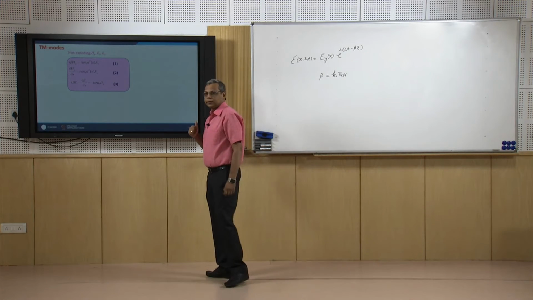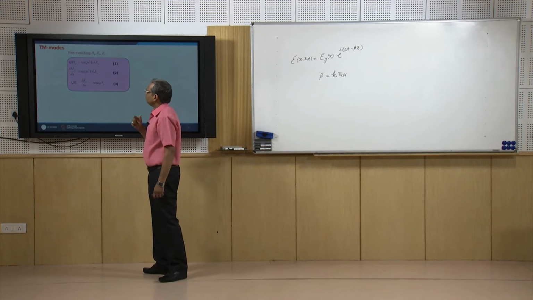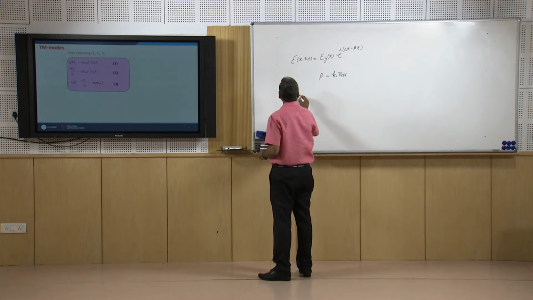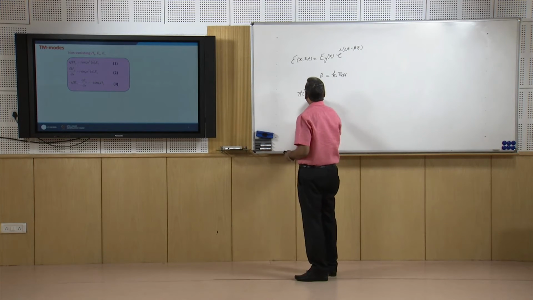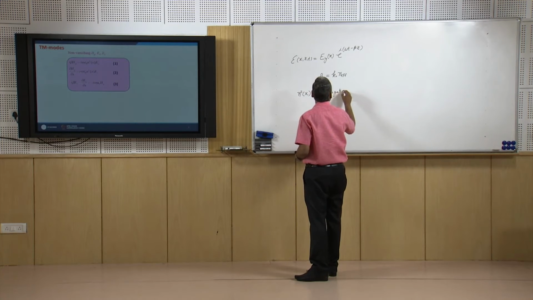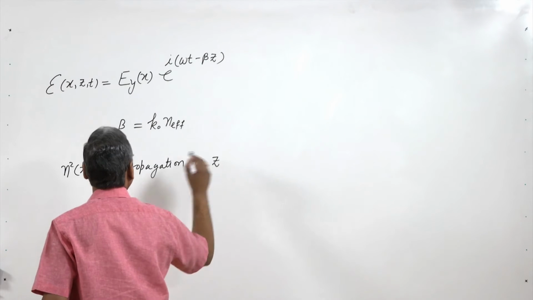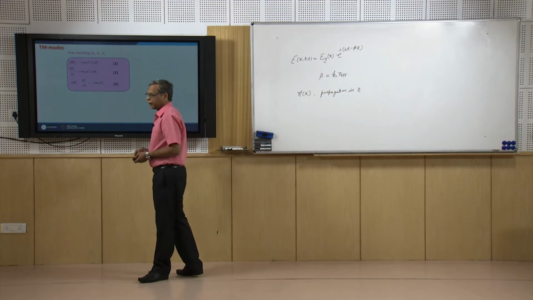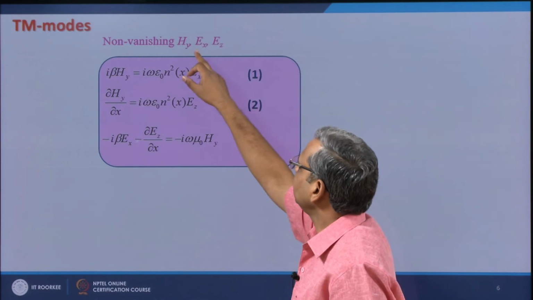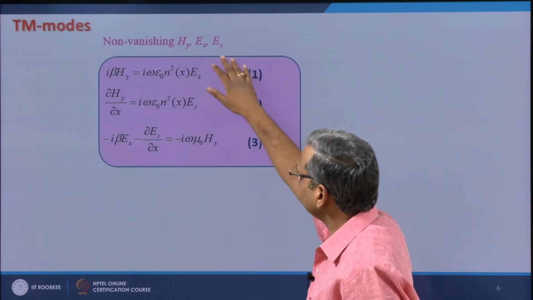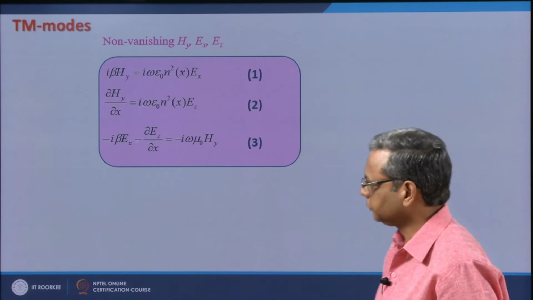If I go back and see, for a waveguide which has confinement in x direction, that is, refractive index variation in x direction and propagation in z direction, then the non-vanishing components of E and H are Hy, Ex and Ez, and these three components are related by these three relations.